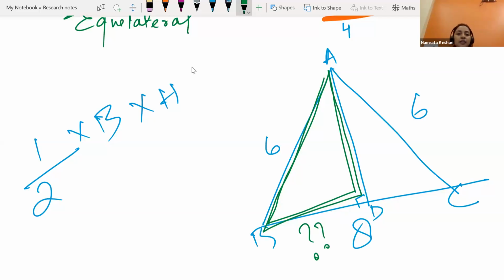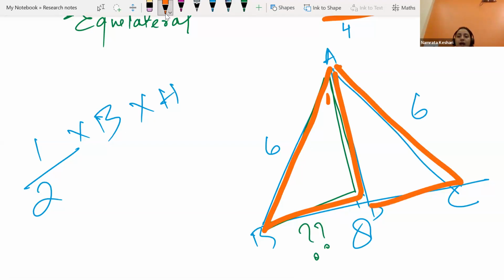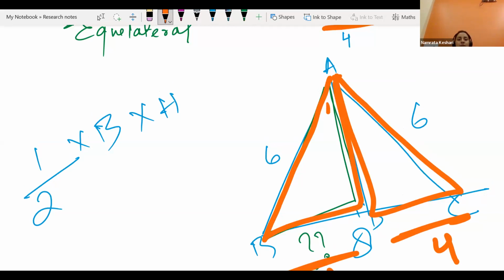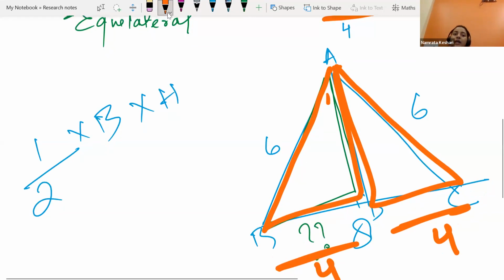Now you start thinking about everything you have learned till now, and from there you realize that this triangle and this triangle are congruent triangles. So of course this much and this much distance will be the same. If the total distance is 8, then this will be 4 and this will be 4. And now you will be able to find the height.